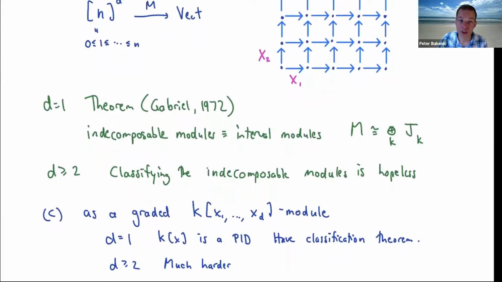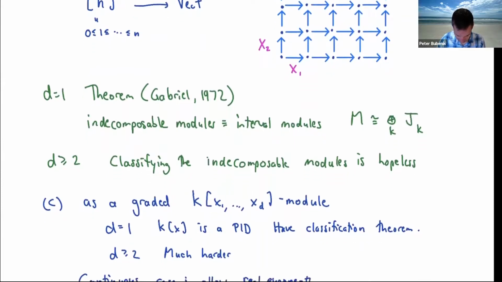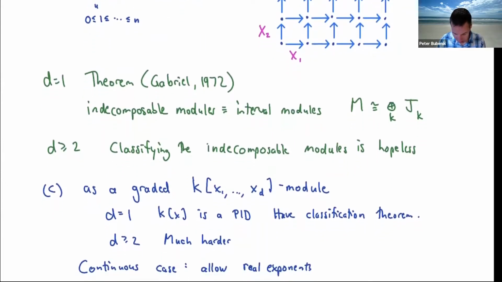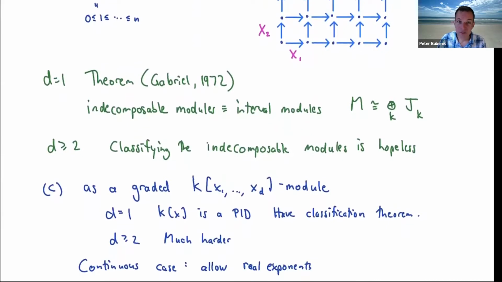and there's a whole field of commutative algebra dedicated to studying this situation. And there's lots of interesting things, and things get difficult. And in fact, for persistence, we kind of want even more than what's usually studied in commutative algebra, because we're really interested in the continuous case.